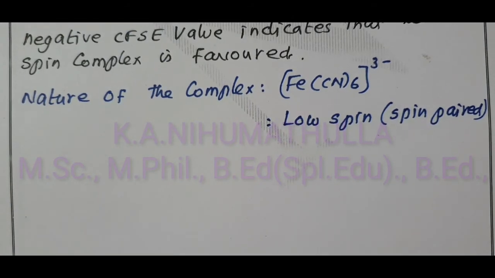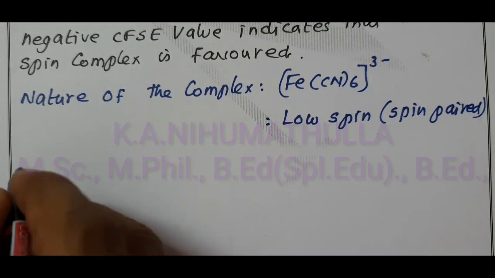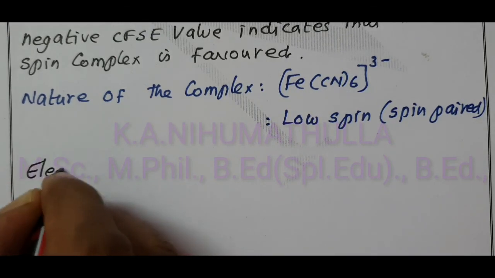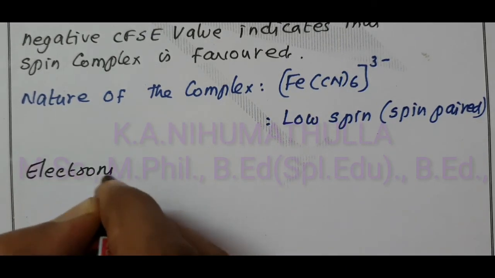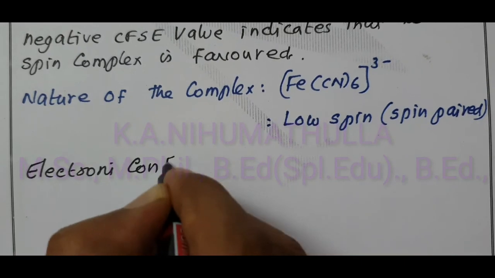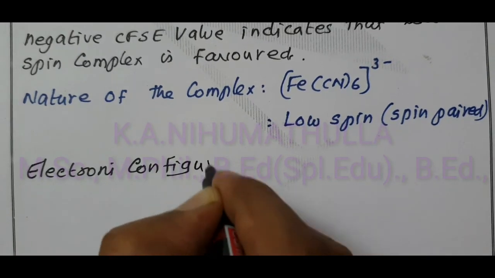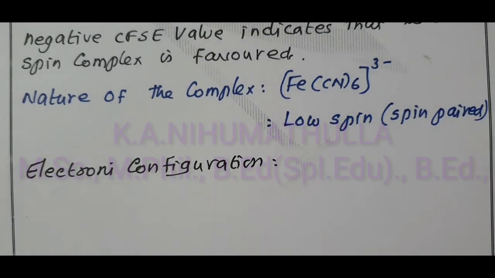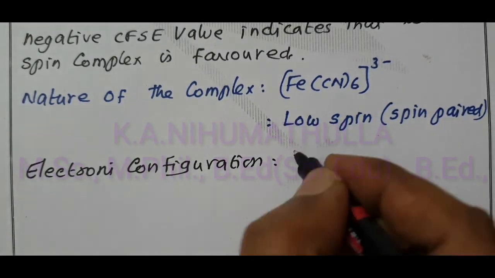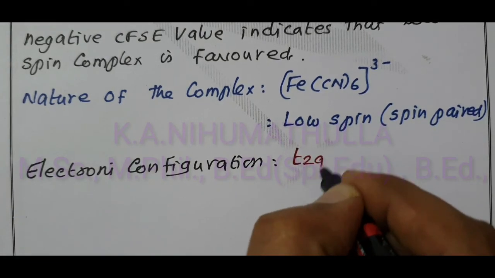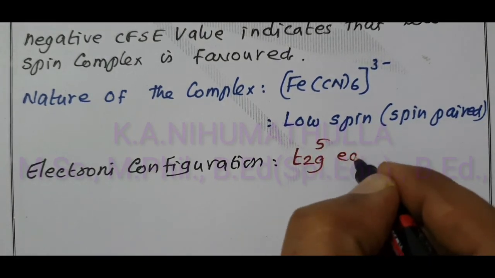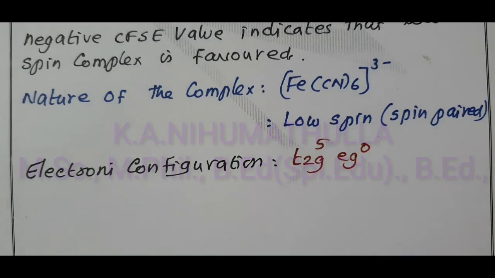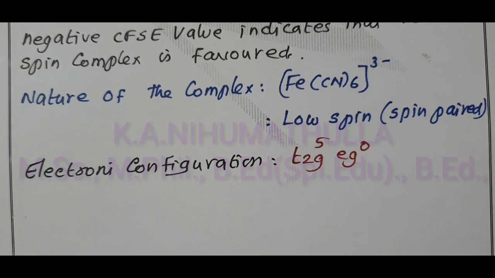Already we have written the electronic configuration in low spin complexes. The electronic configuration in the low spin complex is t2g5 and eg0.